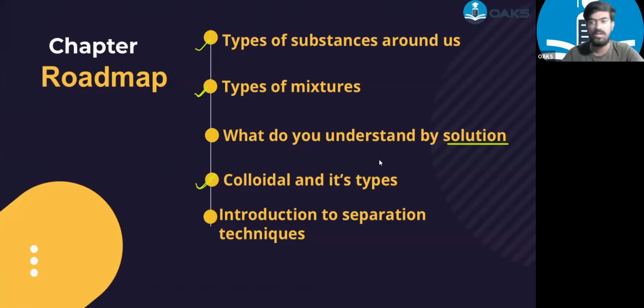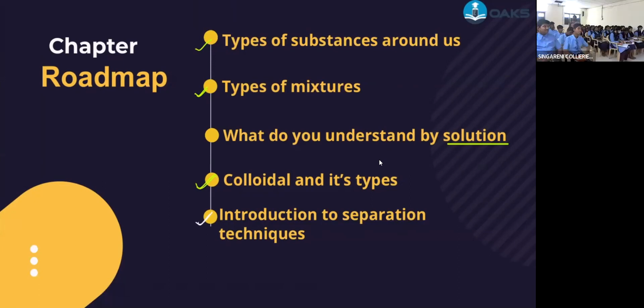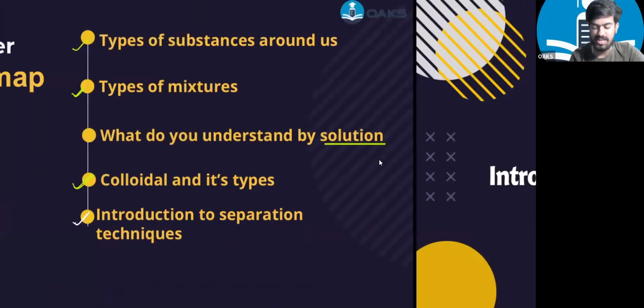The whole table remembered? And we have also started the separation techniques, but we weren't able to complete them. So today we are going to complete all the separation techniques. Ready? That's great. So let's start.